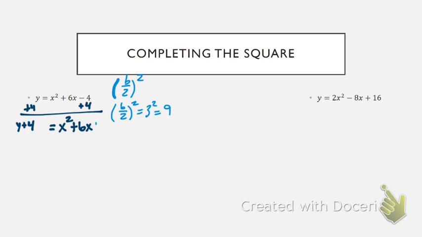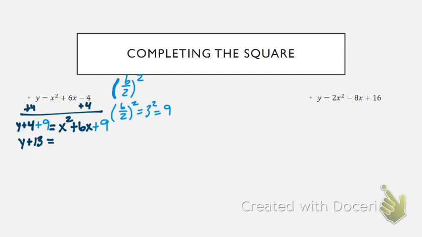I'm going to add my b over 2 squared value. So whatever you get for b over 2 squared, you need to add that to both sides of the equation. Not one side, both sides. So y plus 4 plus 9, on the left side of my equation, 4 plus 9 is 13. And then we need to factor the right side.